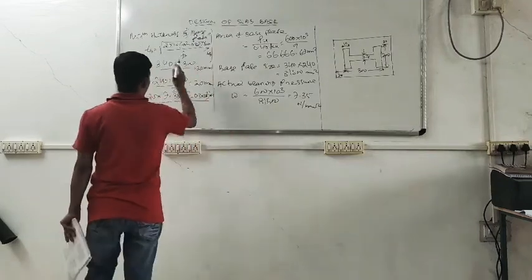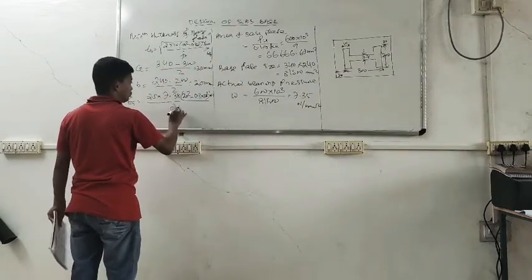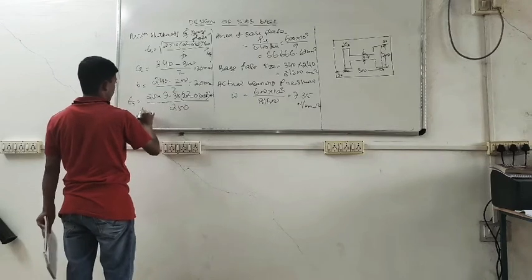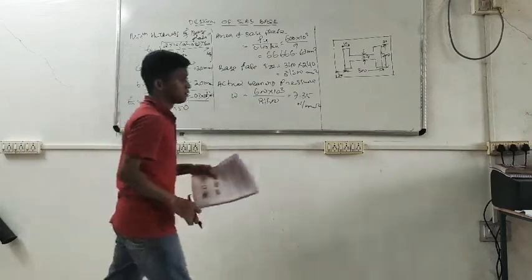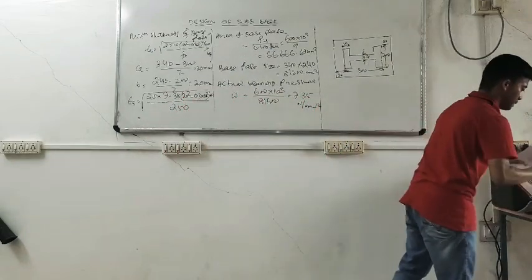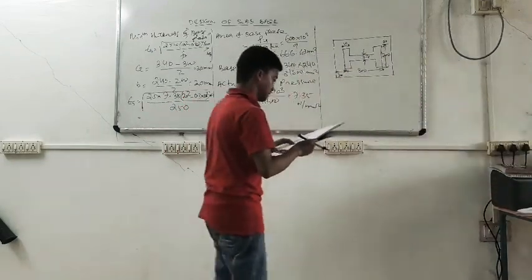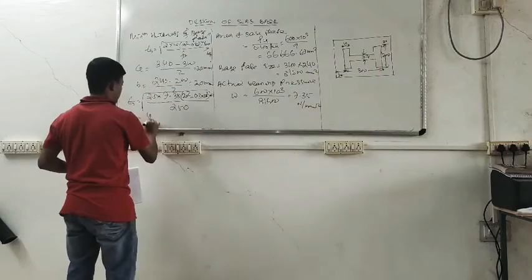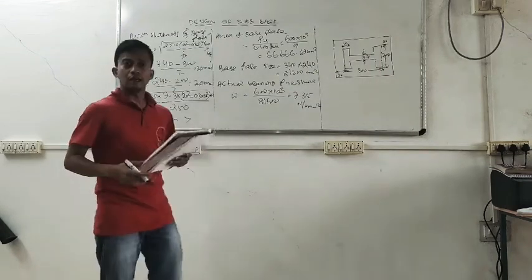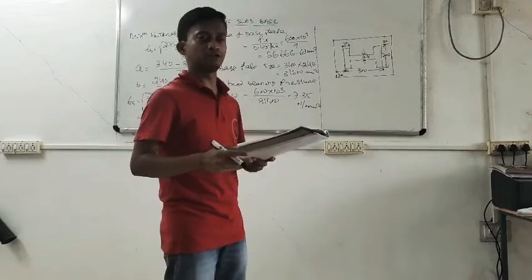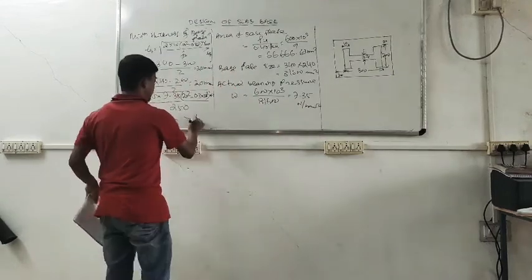Okay, so the yield strength of the steel section is 250. So from this we found out that ts is 4.76 mm, but the condition is it has to be always greater than tf.